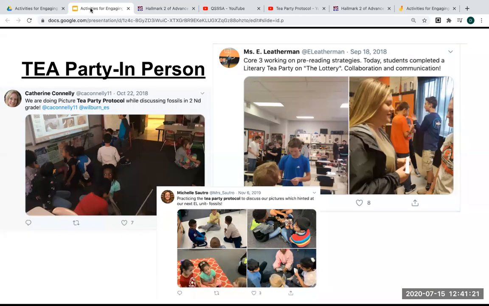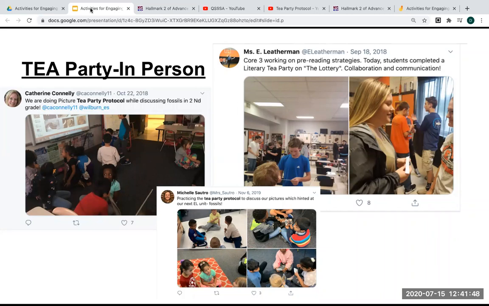I've also used this activity to get teachers and administrators moving during professional development sessions as well. You can see that some of the teachers have given strips of paper, and it might be a quote. You can see here in the top right that students completed a literary tea party on the lottery, and they're collaborating and communicating, and they have strips of paper that the teacher most likely printed out.